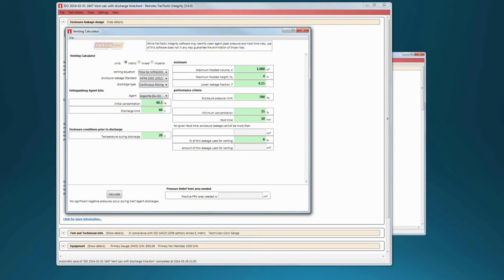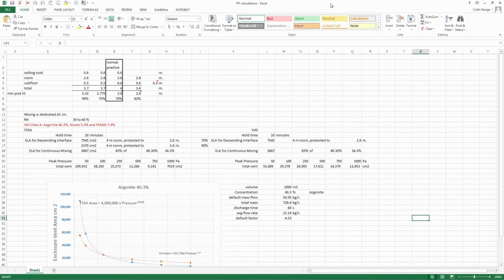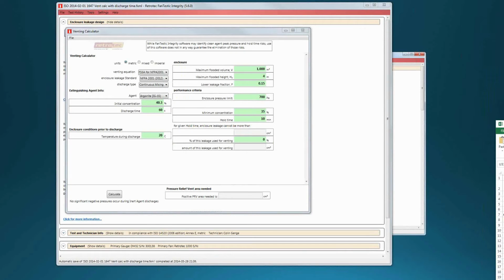So if the design is, let's just bring up a spreadsheet here so we can do some of those little calculations. So equals 0.85 times 40.3. It's 34.2. Okay, so let's do a calculation based on that.